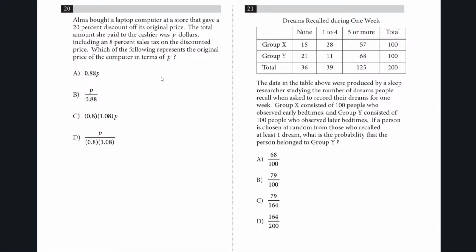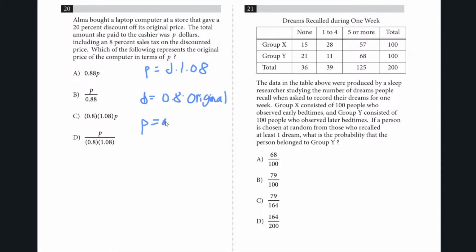she paid P dollars to the cashier, and P is equal to the discounted price times 1.08. The discounted price is 80% of its original price. So D is equal to 0.8 times the original. So let's plug that in.